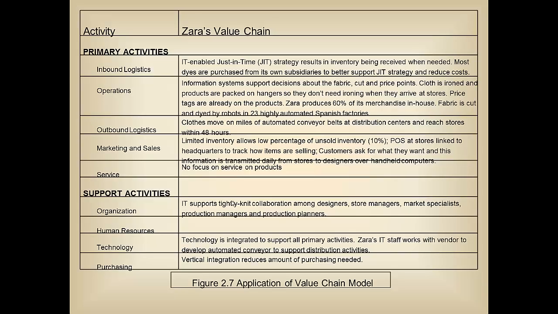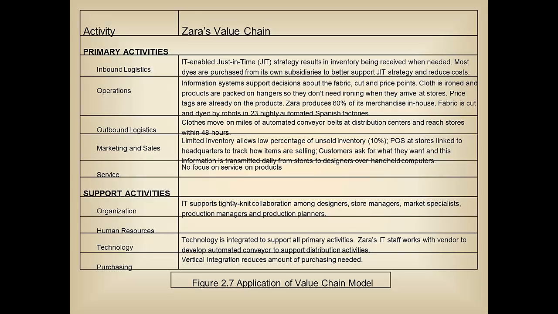We see Zara's actually produces 60% of merchandise in-house, so they do a lot of their own work in-house. They moved a lot of it in-house, so they have more control over it. So that reduces the power of potential suppliers when you actually are doing it yourself. There are costs associated with it, but there are definitely benefits.